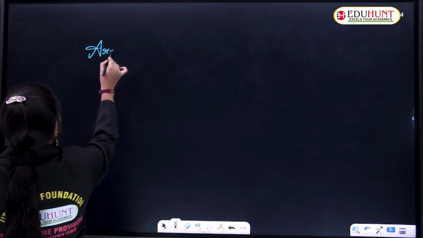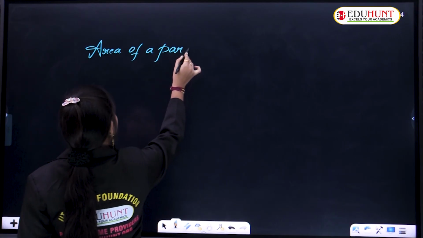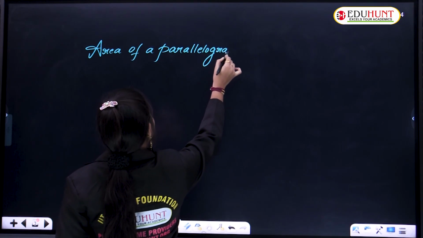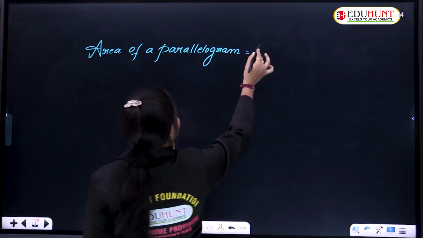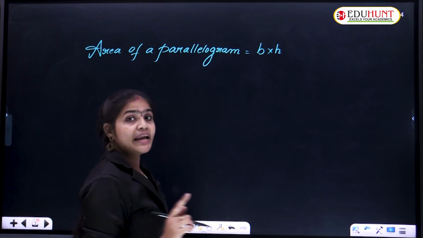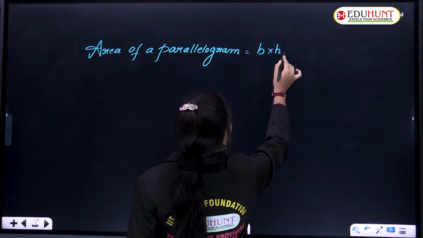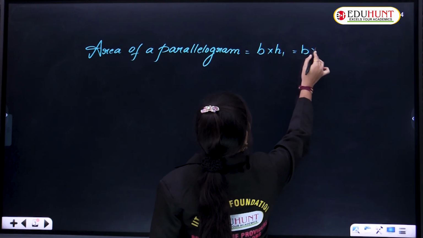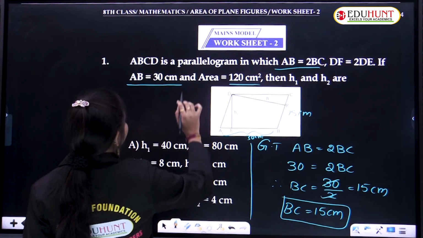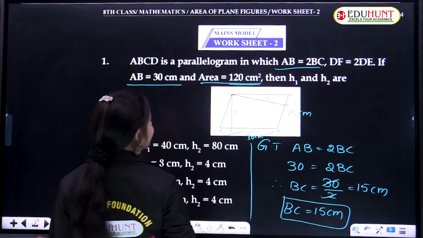Yes, see here, the area of a parallelogram. What is the formula? Area of a parallelogram is base into height. Here two heights are given and in the same way two bases. So B1 into H1 is equal to B2 into H2, and the area of the parallelogram is already mentioned here, that is 120 centimeters square.